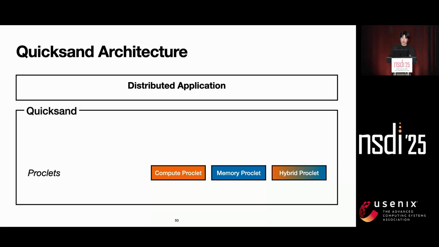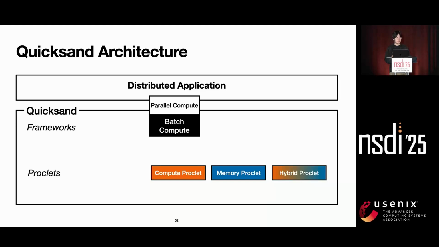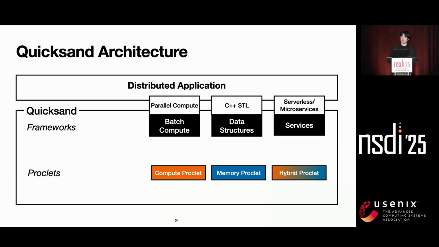Resource proclets form the basis of the Quicksand architecture. To facilitate their use, Quicksand provides a number of high-level frameworks that automatically decompose application logic into resource proclets. This includes the batch compute framework, similar to MapReduce, sharded data structures, similar to the C++ standard library, and a services library useful for implementing microservices and serverless applications.